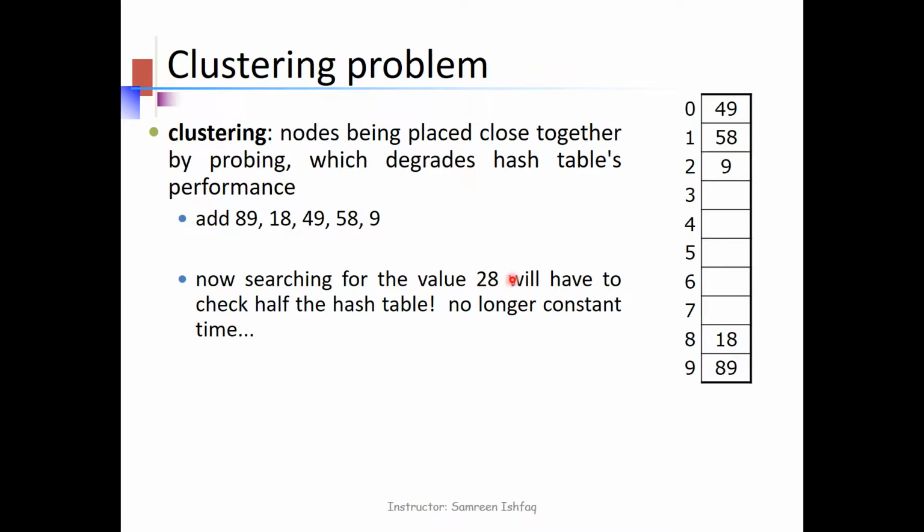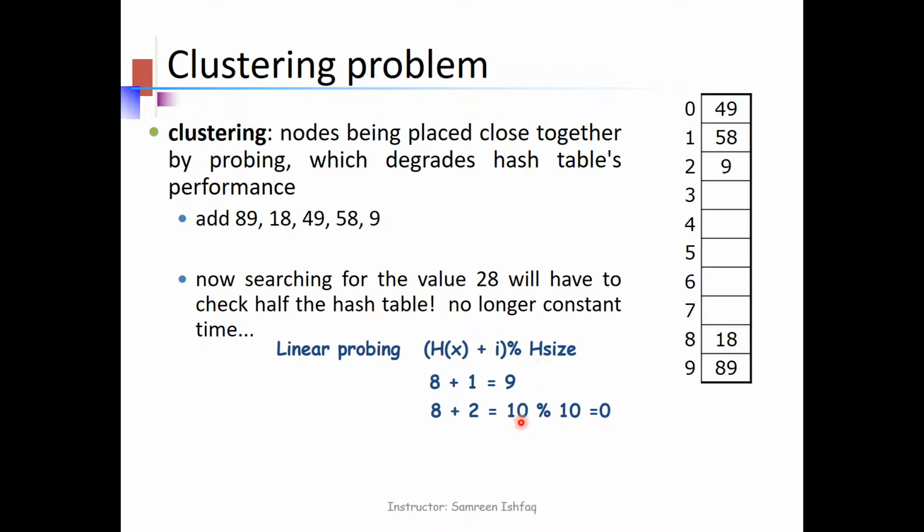For example, if the user wants to search for 28 in this table, first we will compute the hash function. 28 mod 10 is equivalent to 8. We will check index 8, and a collision occurs. The number of collisions is 1. Then 8 plus 1 is equal to 9. Again a collision occurs. 8 plus 2 is equal to 10, and 10 is greater than the table size.